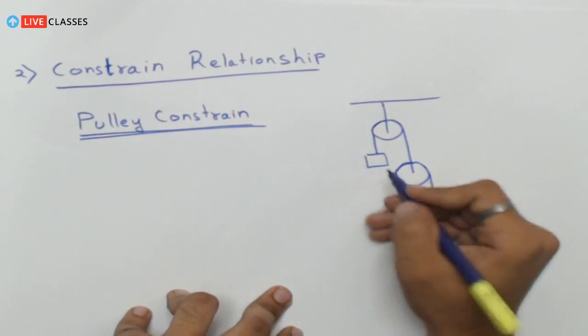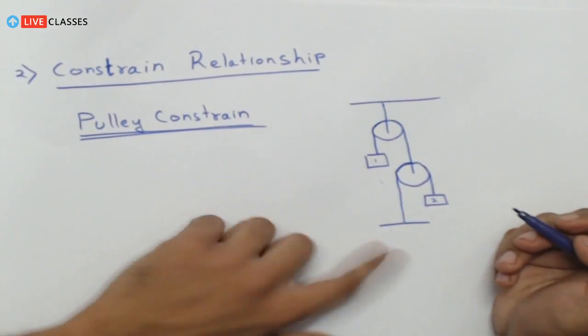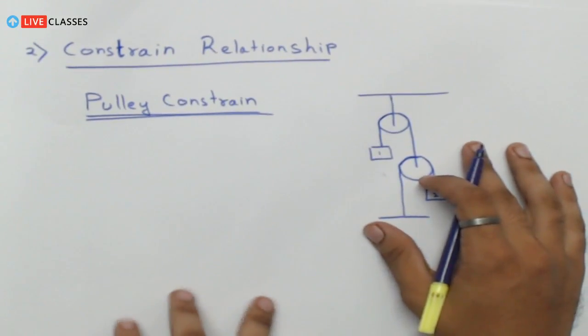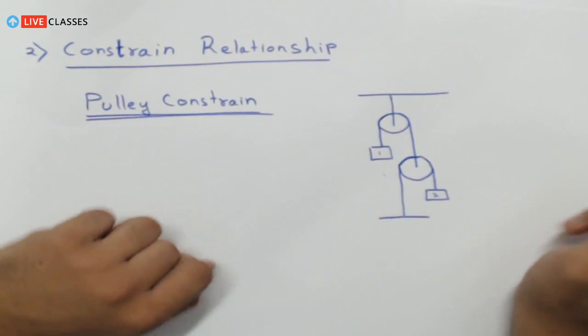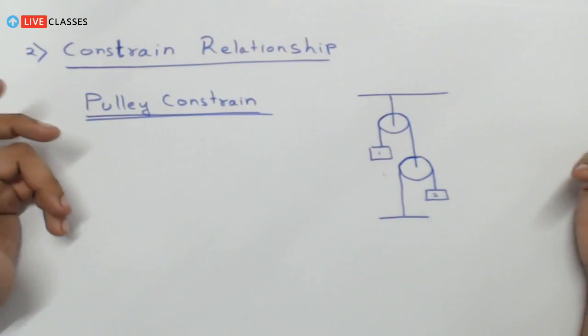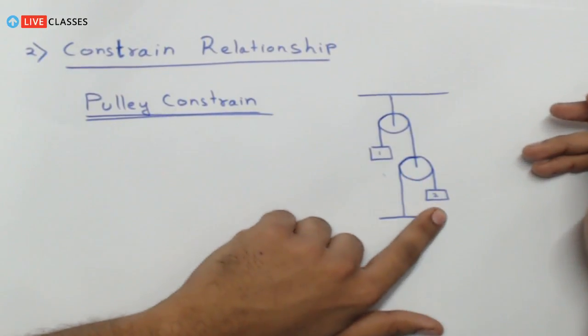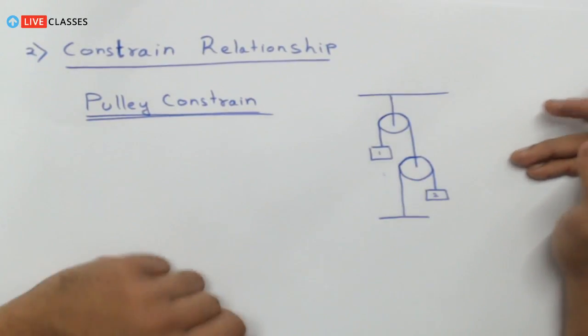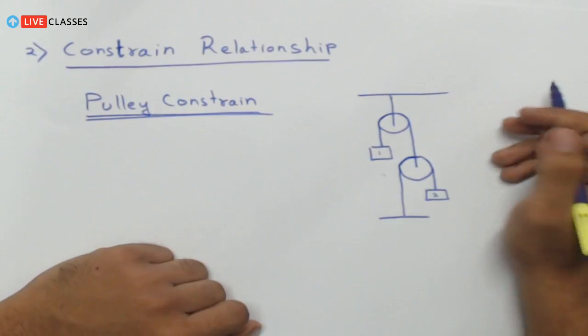So what happens? So this is block 1, block 2. Obviously their masses will be m1 and m2. I will tell you later. So as you can see, these 2 blocks don't have the same acceleration, because the pulley connected to block 2 is also moving. We didn't do any questions till now on moving pulleys, right?